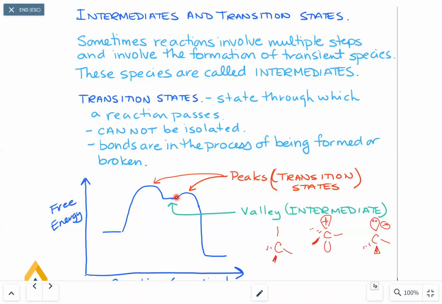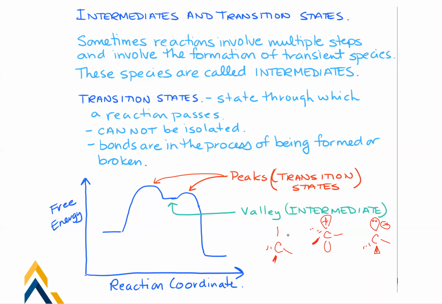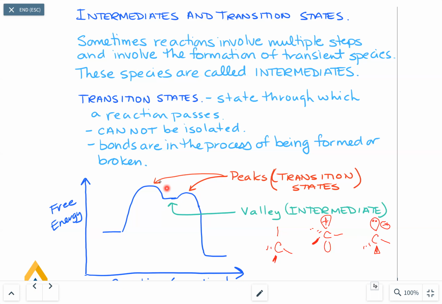So often the intermediates are higher in energy before they become lower in energy, if it's an endergonic process. This could go to here, and then it could go way up to here for a non-spontaneous process. But yeah, transition states, the peaks, can't be isolated; valleys, intermediates, sometimes can.